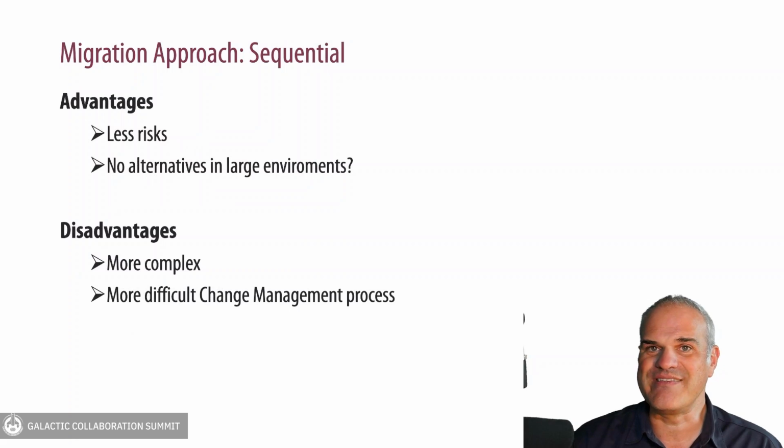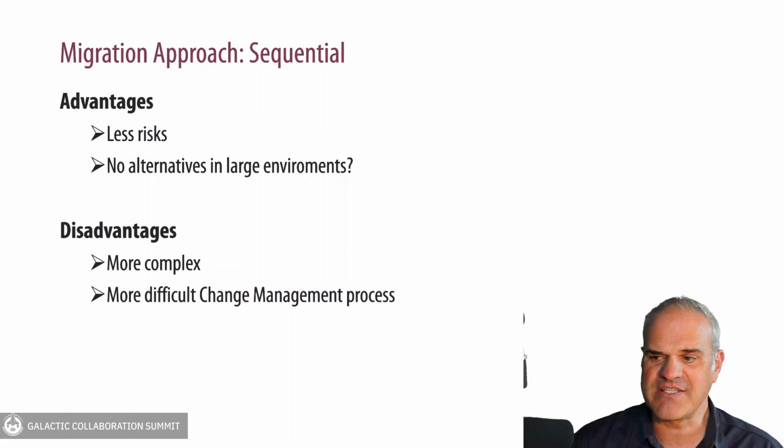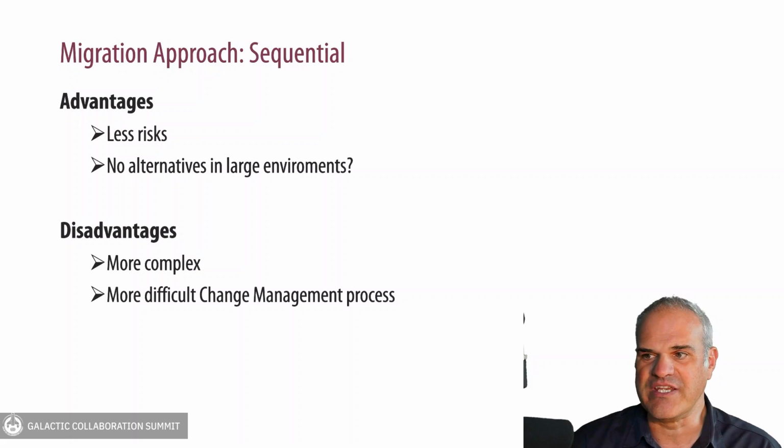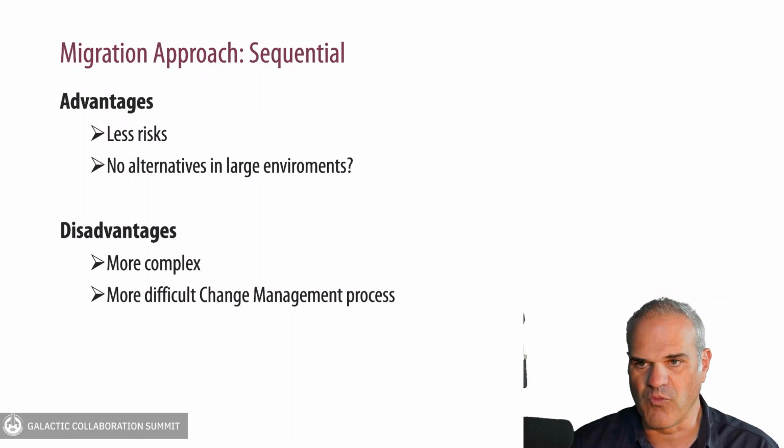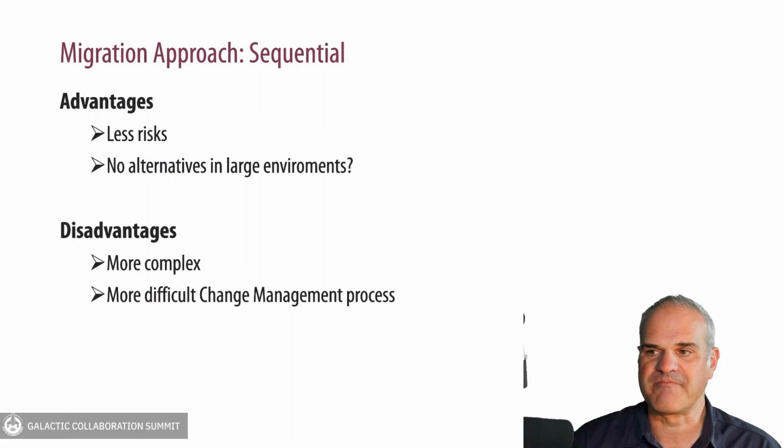Next approach would be the sequential approach. Disadvantage, it's much more complex, and you definitely need change management here. But the advantages, in large environments, you need to migrate step by step, like Exchange, OneDrive, SharePoint, Teams, and so on, and then you have less risk.